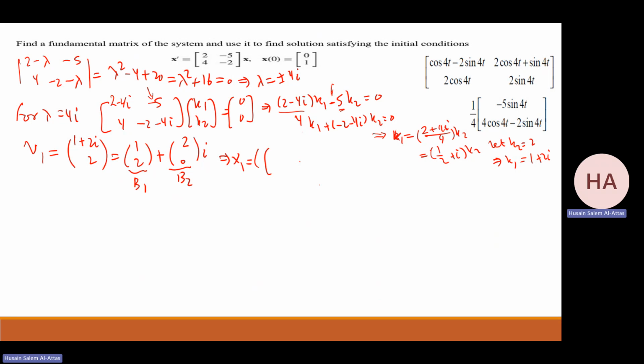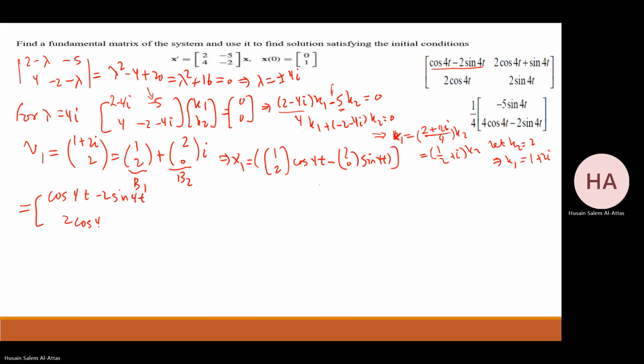It will be (1, 2) cosine 4t minus (2, 0) sine 4t, which is cosine 4t minus 2 sine 4t, and the other one is 2 cosine 4t. So this is my x1, just listed as a vector.